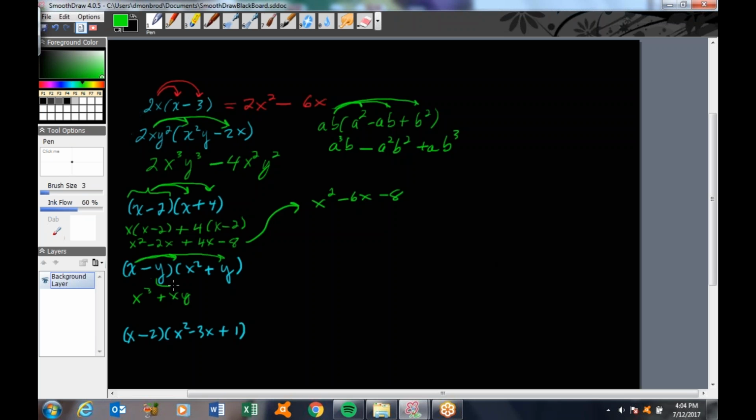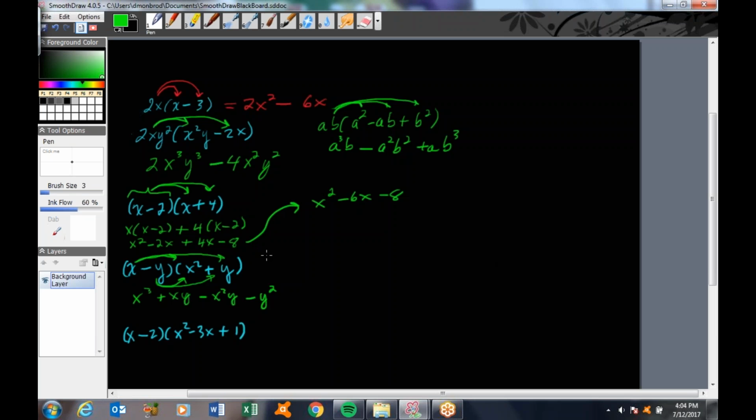Then I'll move to this other term and distribute that twice, once here and once there. So the first one would be a minus x squared y, and the next term would be a minus y squared. And now I've finished. I have 4 terms altogether. Now what you notice about these is there are no like terms, so we're actually done with this problem.